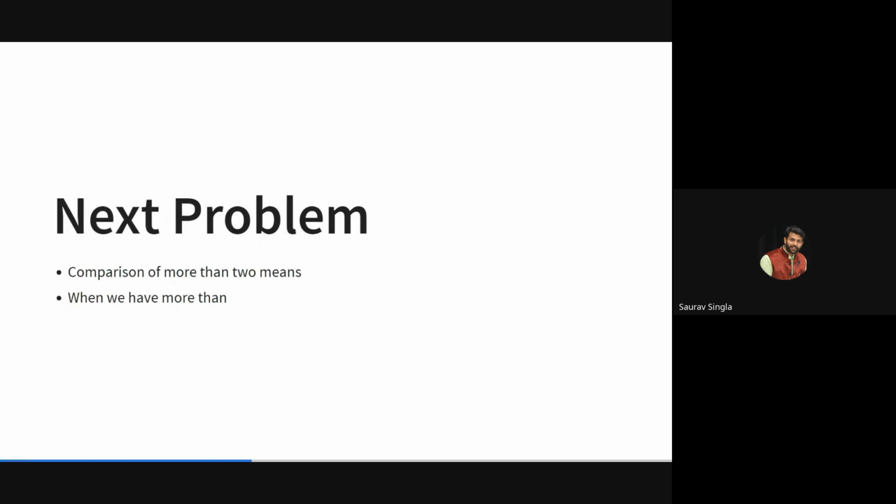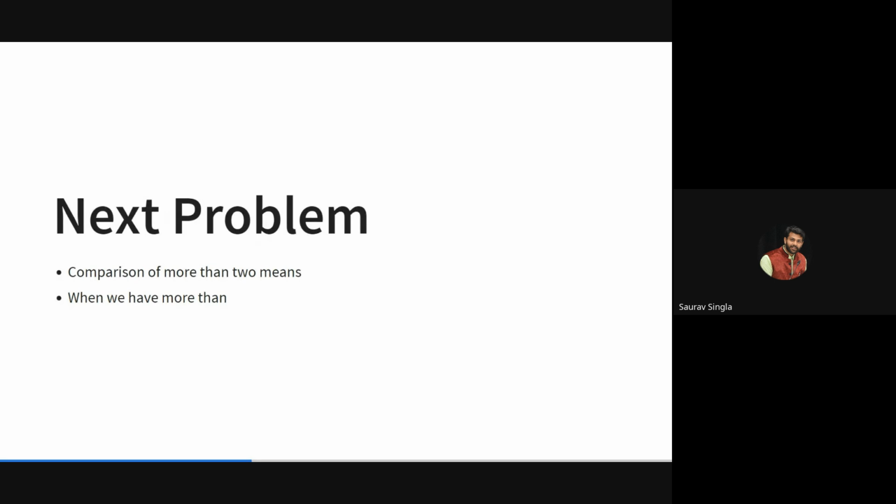But if you have more than two groups, like high income, medium income, low income, now there are three groups, or you want to compare three varieties, or more than three varieties, maybe you want to compare 20 varieties, 30 varieties, in that case also you have to go for ANOVA.